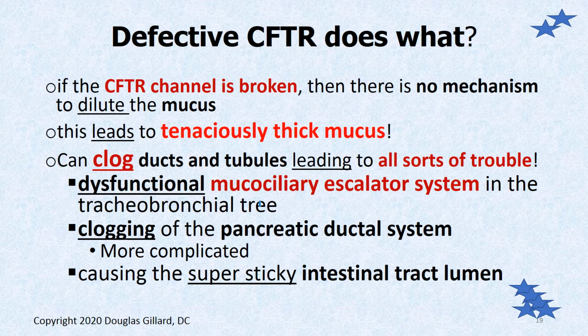If the CFTR channel is broken, you can't dilute the mucus, and you get incredibly sticky, what's described as tenaciously thick mucus. And that can clog up the ducts and clog up the tracheobronchial tree, and it knocks out the mucociliary escalator.